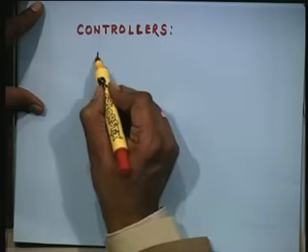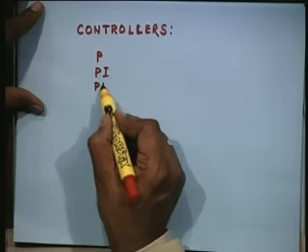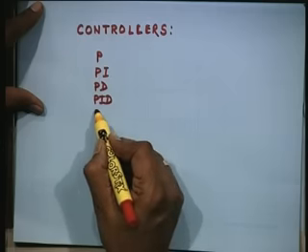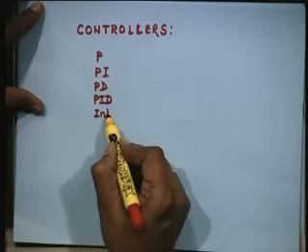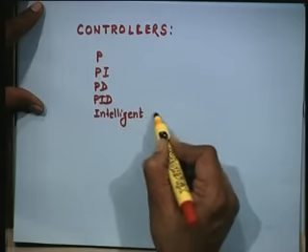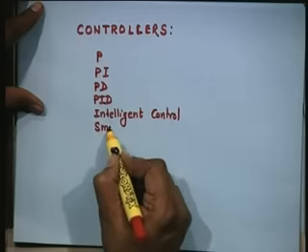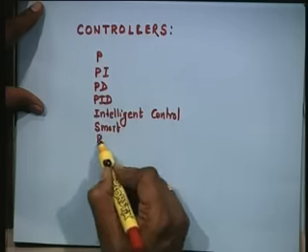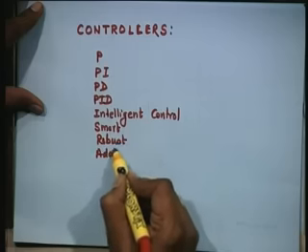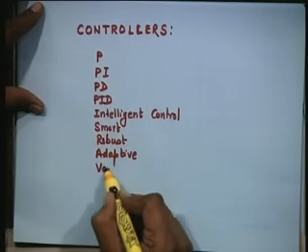One is proportional, PI, PD, PID, and then let's say intelligent control, or we call it smart control, or robust control, adaptive control, and variable structure control.